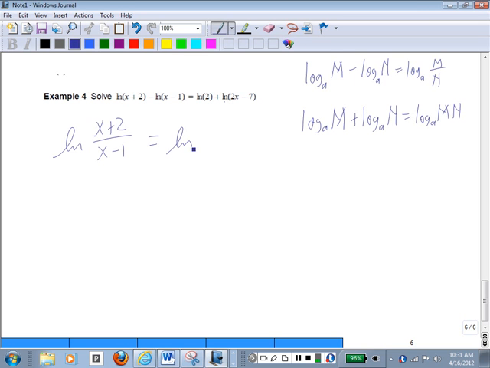So it's going to be the natural log of 2 times the quantity 2x minus 7. One logarithm on each side. The logarithms are equal to each other and they have the same base. They're both natural logarithms, so we can set their arguments equal to each other. x plus 2 over x minus 1 equals 2 times the quantity 2x minus 7.